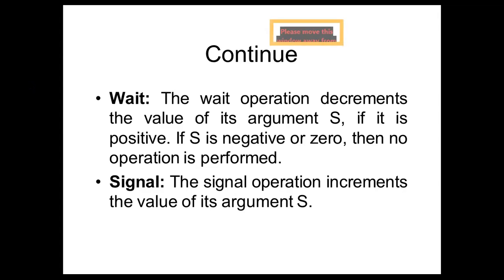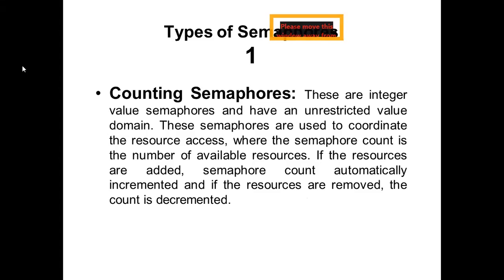If our process is under the wait condition, then the wait operation decreases the value of the argument by 1. So this is the difference between the wait and the signal operations, and these two operations will be handled by the semaphore. But this happens only when the process is inside the critical section.